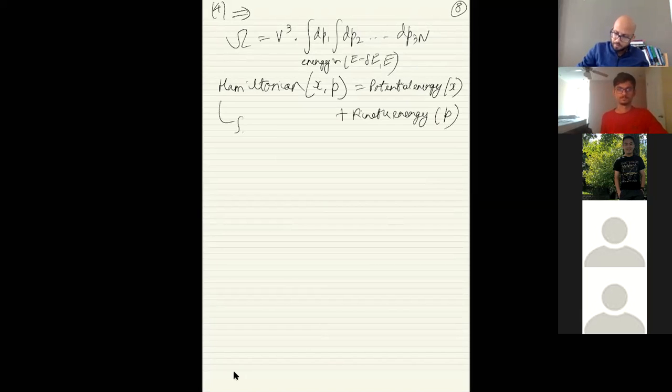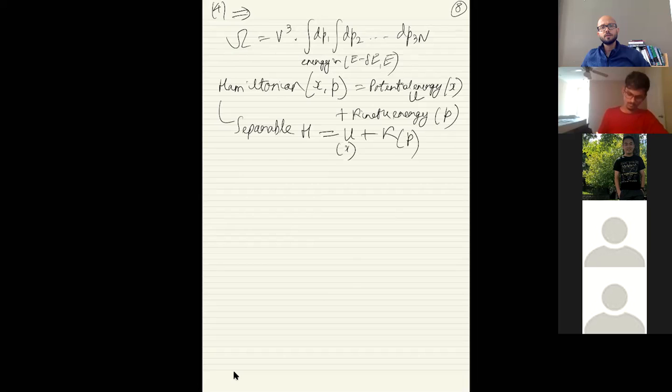This is called a separable Hamiltonian, separable H, which has been split into U plus K, where U is only a function of X and K is only a function of P. Almost all Hamiltonians are like this. If you start thinking about magnetic fields and things like that, life can get complicated. But most Hamiltonians, the ones that we are interested in, are going to be of this separable form. Furthermore, for a non-interacting system, U of X is equal to 0. All that is left for a non-interacting system is the kinetic energy as a function of momentum, which is not equal to 0. That's what we need to calculate.